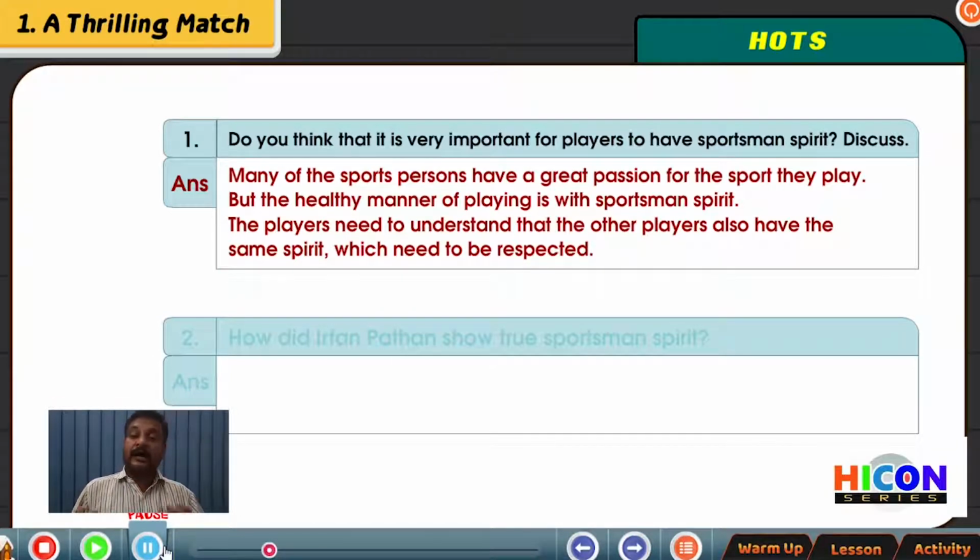It's not only that I love playing it; as I love playing it, you also love playing it. That should be the way we need to understand them. The players need to understand that other players also have the same spirit which needs to be respected, and that is when we say they have a sportsman spirit.